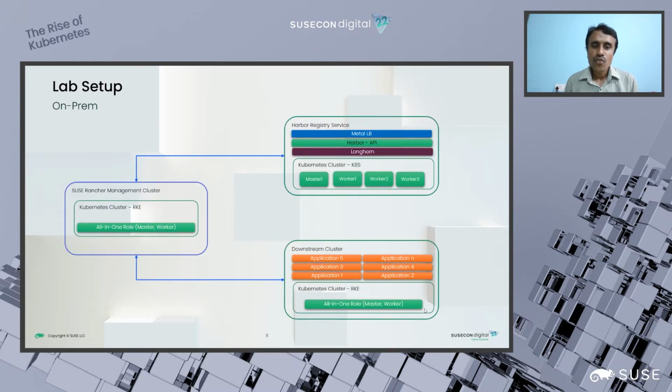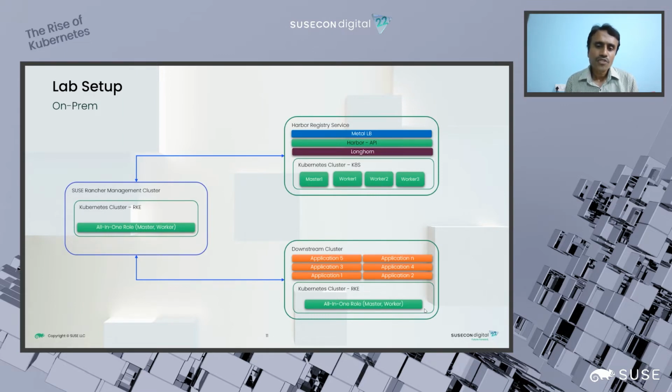This is a high-level overview of my on-prem lab setup, which consists of a Rancher management server deployed on a single node RKE cluster, Harbor deployed on a four-node Kubernetes cluster with Longhorn as persistent storage and MetalLB for load balancing.